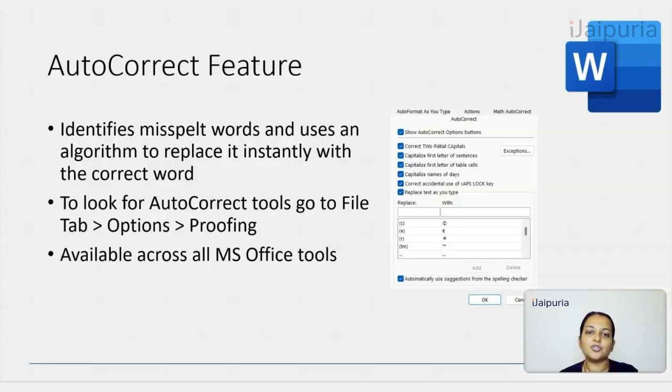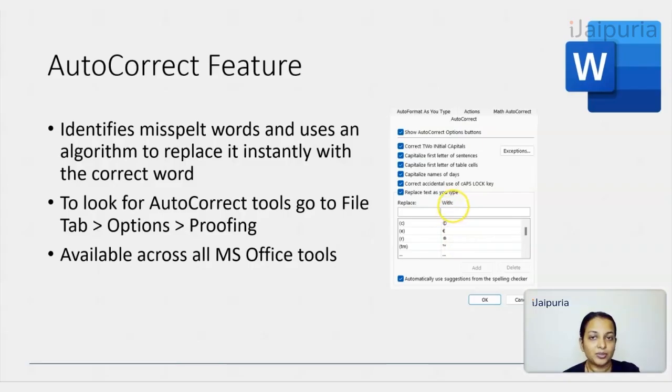In this, you can choose any options among these. By default, you will see options like show AutoCorrect options buttons, correct two initial capitals, capitalize the first letter of sentences, and you can even see all the types of words mentioned here, coming directly from Microsoft Office, so you don't have to worry about it.